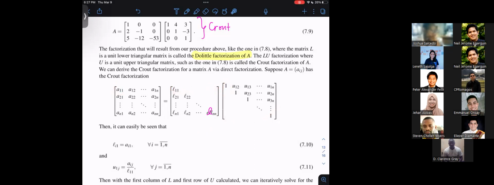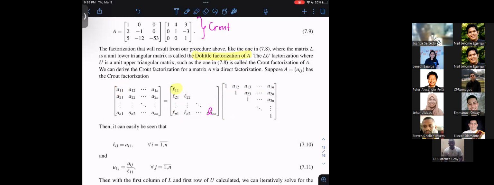If this factorization is correct, I multiply this row by this column, a column of just a 1 and the rest zeros. I'll get A11. The product is L11 times 1, which equals A11. So we'll be able to find the value of L11. Essentially, L11 is just A11.